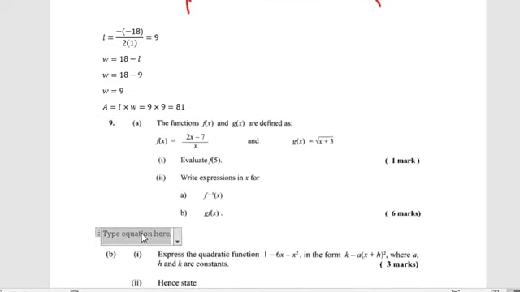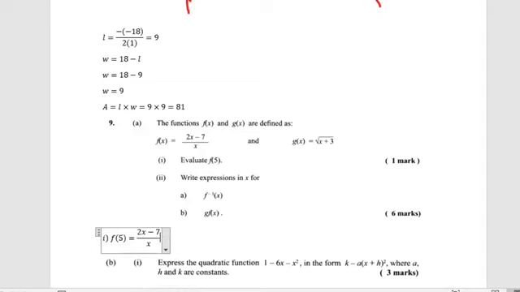Question 9 says the functions f of x and g of x are defined as follows. f of x is (2x minus 7) over x, and g of x is the square root of x plus 3. It says evaluate f of 5. So f of 5: everywhere we see x, we replace it with 5.